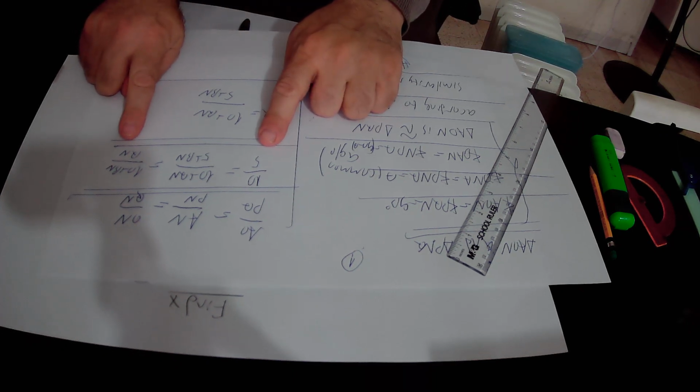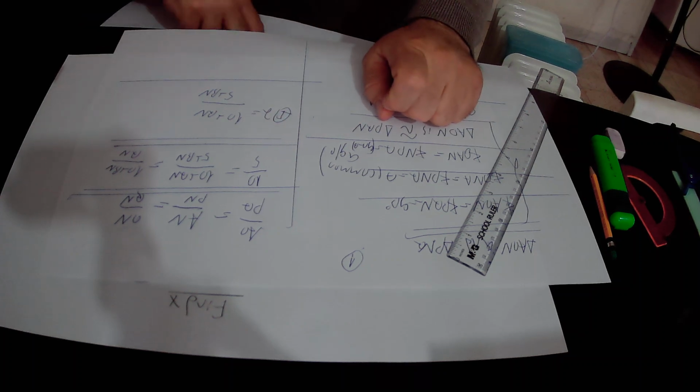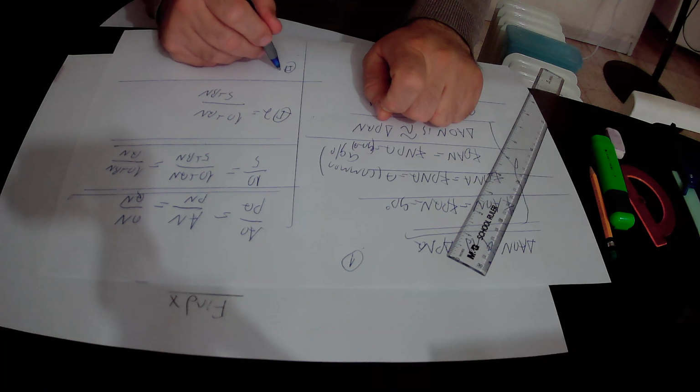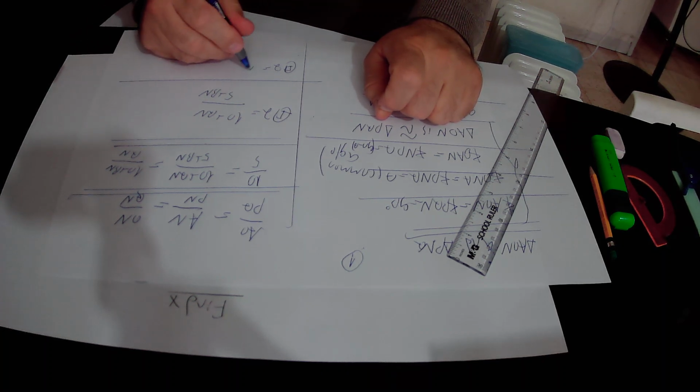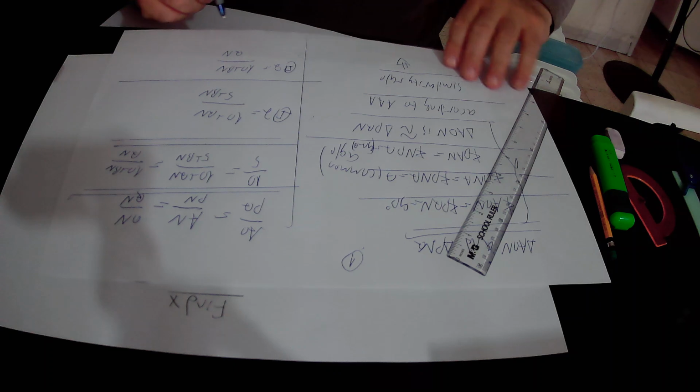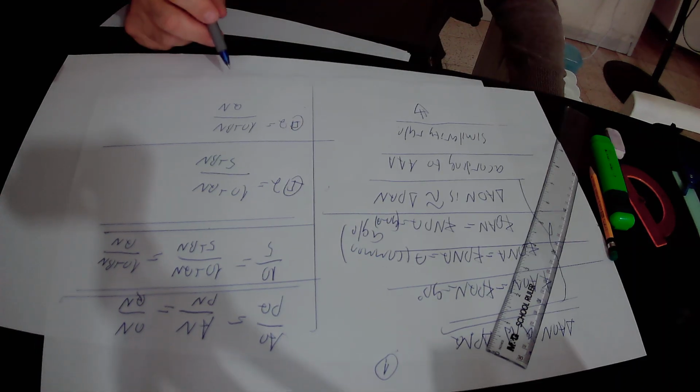Those two expressions are also equal to each other, so we create from them equation number 2. According to equation number 2, 10 over 5 is 2, and it equals 10 plus BN over QN.